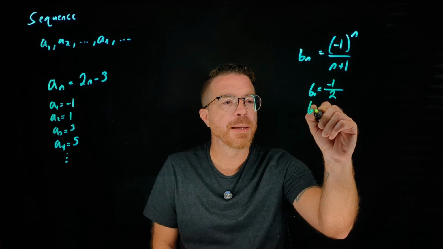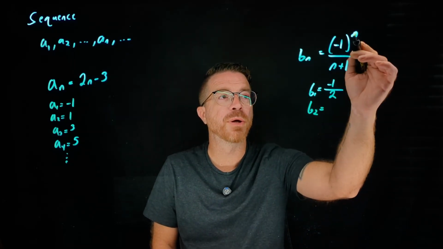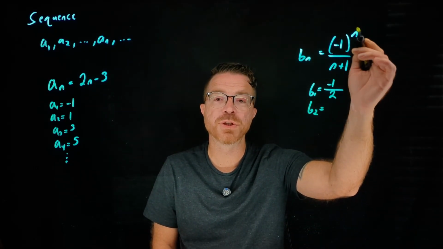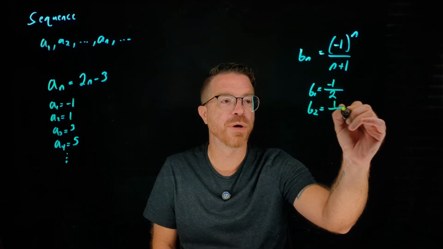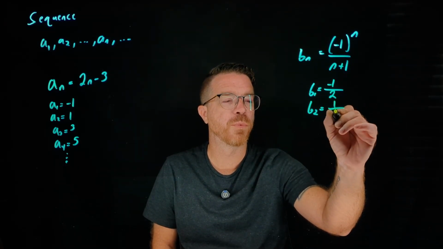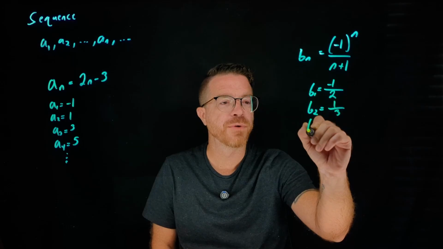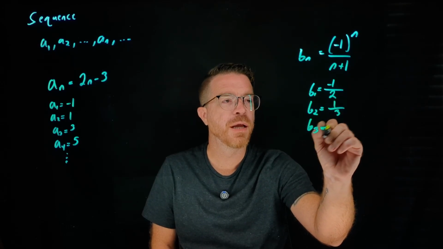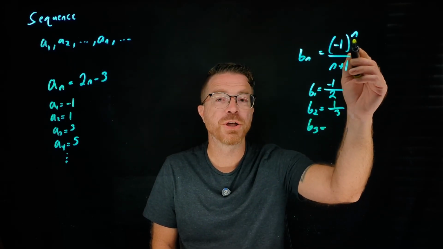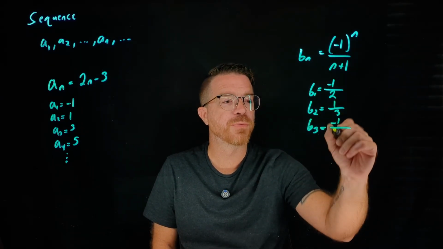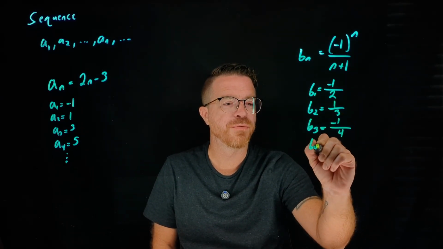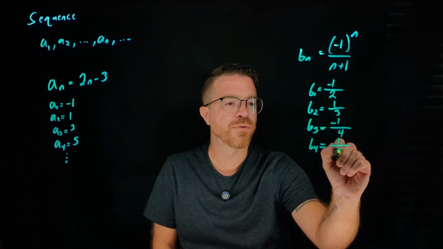If we plug in b2, when we plug 2 in, this becomes negative 1 squared. Negative squared gives us a positive. So this will be positive 1 over 2 plus 1 is 3. If we plug in b3, what we get is negative 1 cubed, which again will be negative 1. And then 3 plus 1 is 4. b4 is going to be 1 over 5.